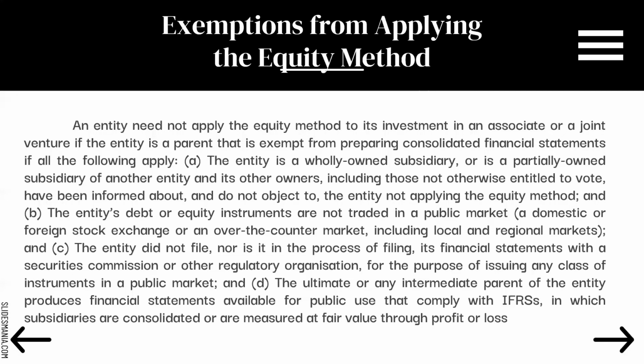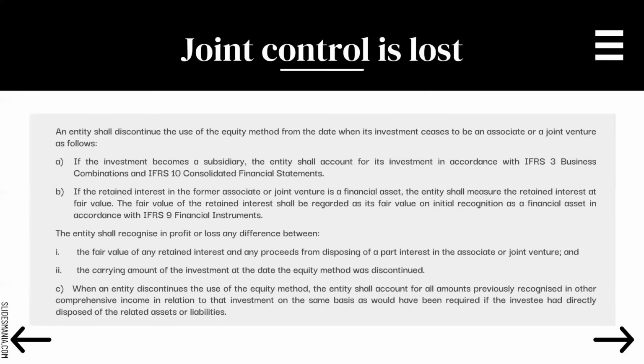So let's go to the loss of joint control. An entity shall discontinue the use of the equity method from the date when its investment ceases to be an associate or a joint venture, as follows. Letter A, if the investment becomes a subsidiary, the entity shall account for its investment in accordance with PFRS 3, business combination, and PFRS 10.